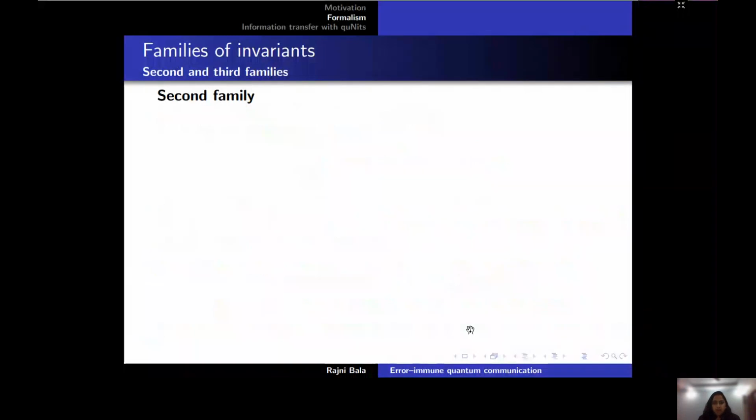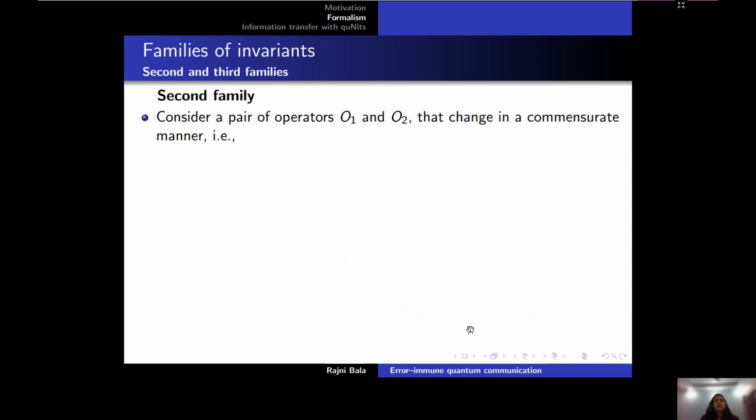Now, going over to the second family, which is of utmost importance, as this family provides us with a large number of invariants in which we can encode our information and therefore it can be transferred in an error-immune manner. So for this family, we consider a pair of operators such that they change in a commensurate manner under the noisy evolution.